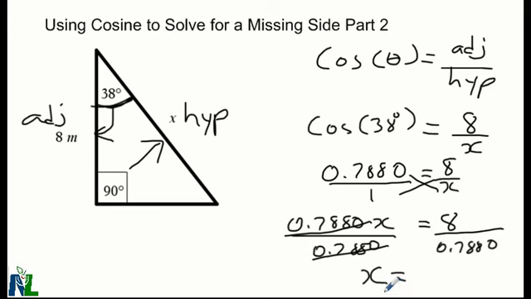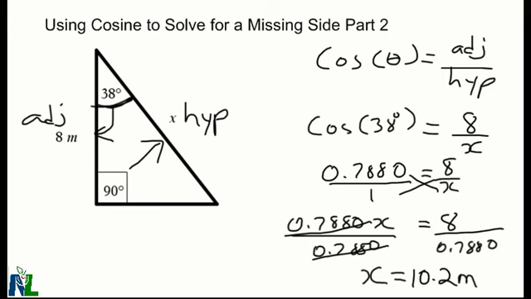From there, if we take 8 and divide it by 0.7880, we get an answer approximately equal to 10.2. And because our sides are measured in meters, our units would be in meters.